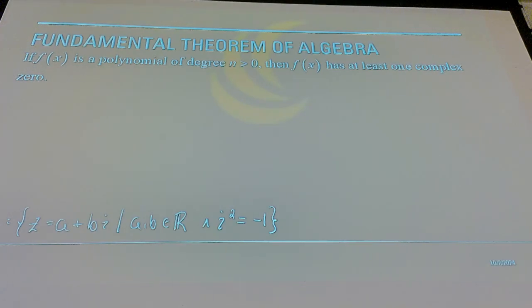Right, a plus bi, where a and b are real numbers, and i squared is defined to be minus 1. So the question is, is 28 a complex number? Can it be written in the form of a plus bi?